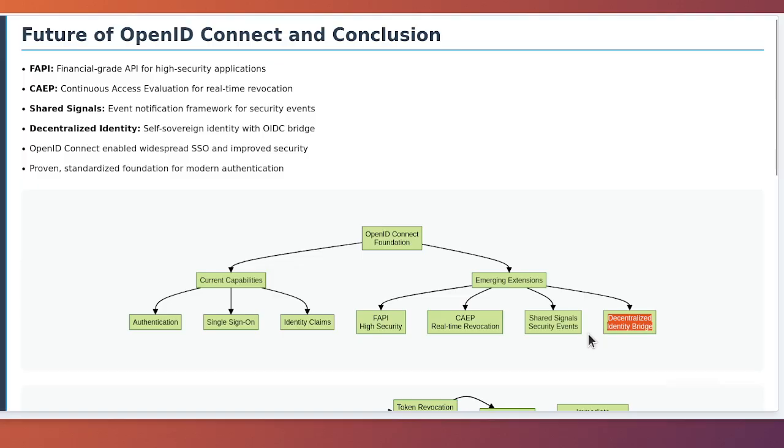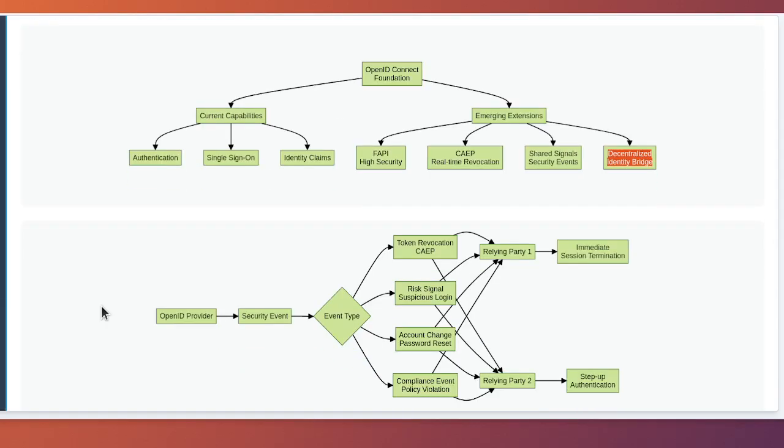Users might present verifiable credentials based on decentralized identifiers, which OpenID providers verify and then issue traditional OpenID Connect tokens for. This hybrid approach combines the privacy and user control benefits of decentralized identity with the proven interoperability and wide adoption of OpenID Connect.